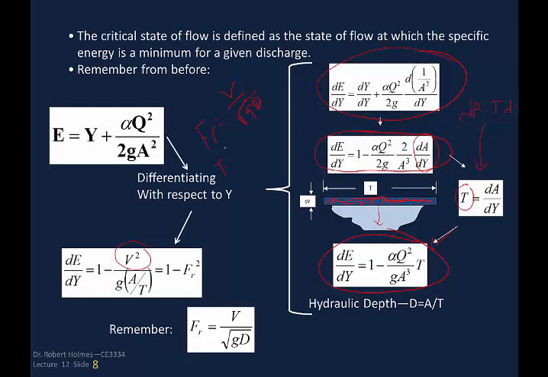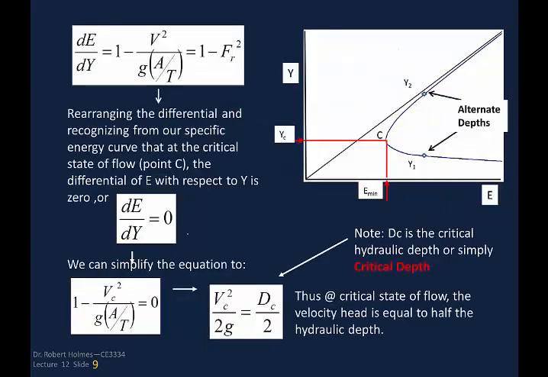If I square that, that's V squared over gD. If you'll notice here, this is none other than D. I can say that the differential of specific energy with respect to y is 1 minus the Froude number squared, which is going to come in handy as we examine that minimum specific energy location on our diagram.